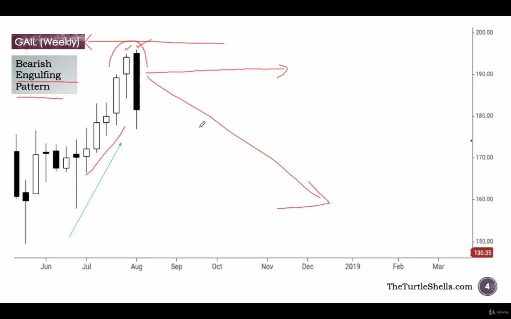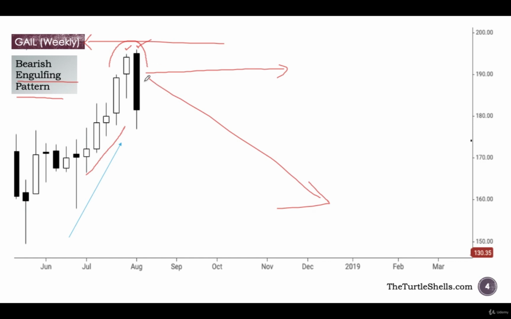Similarly, in the bearish patterns, you will see 4 patterns. One is the shooting star, which we have already studied. Second is the bearish engulfing pattern, which we have looked at in the prior slide. And third is the dark cloud cover, and fourth is the evening star. So basically these are a reverse of the bullish patterns that we saw.